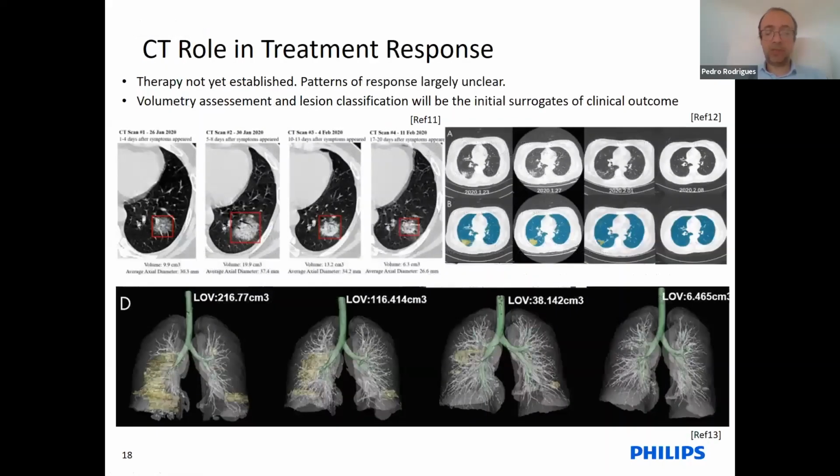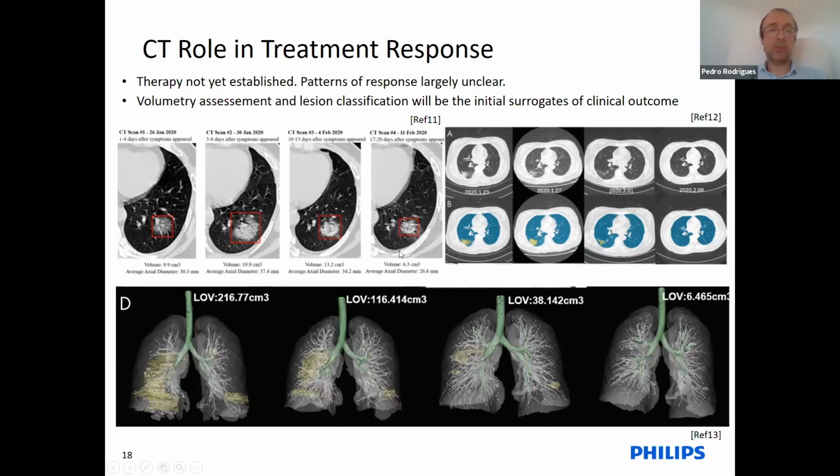Again, what I've discussed briefly was CT in the role of initial screening and diagnosis and associated reporting. We also see multiple uses of software to do automatic detection of the infiltrate and compare how the volume changes as a function of therapy or just supportive care. The fact that therapy is not established yet means the patterns of response might not be completely clear.